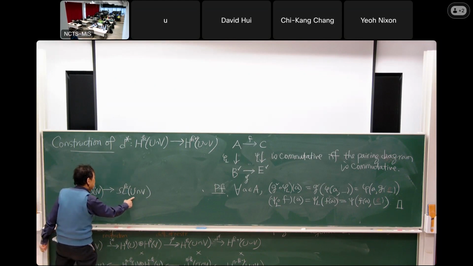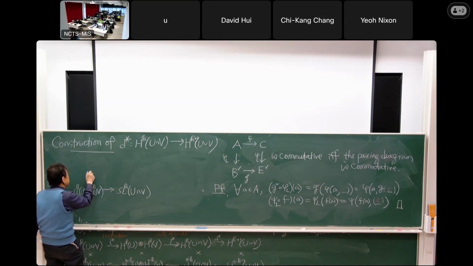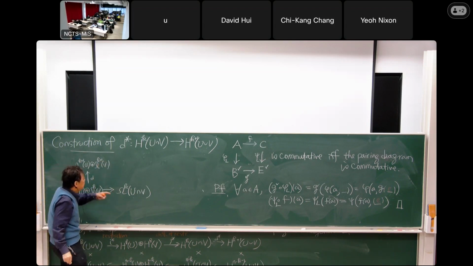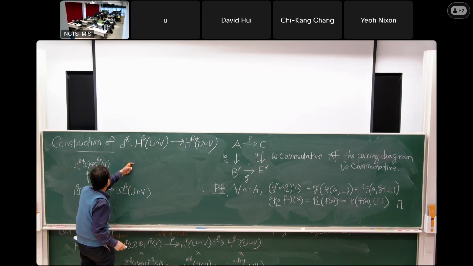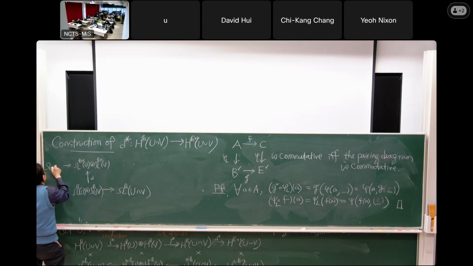So you start with something here, and it comes from something here, and then you take d. So you get omega_(k+1) on U plus omega_(k+1) on V. Okay, and because you start with a closed form, it goes to 0. So this here will go to 0, so it has to come from something here, right? Yeah, that's the diagram, okay?